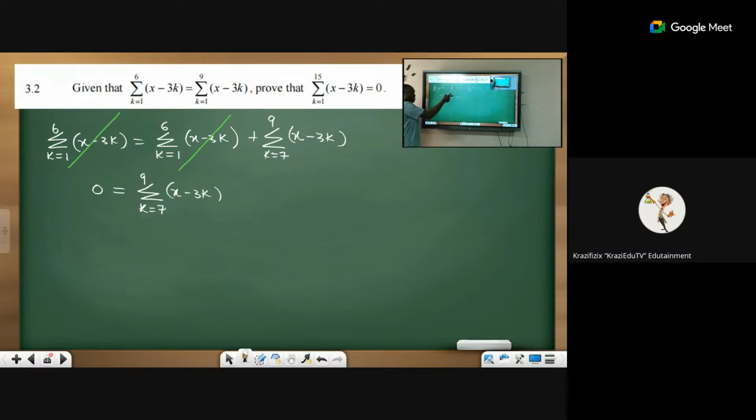Beautiful. Now, this we have to expand. So if we expand this, what do we have? x minus 3 times 7, 21. What about 8? 3 times 8, 24. And 27. Equals what? 0.